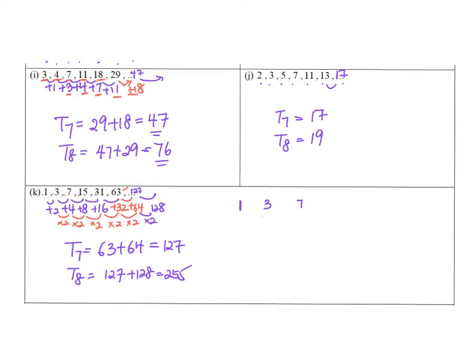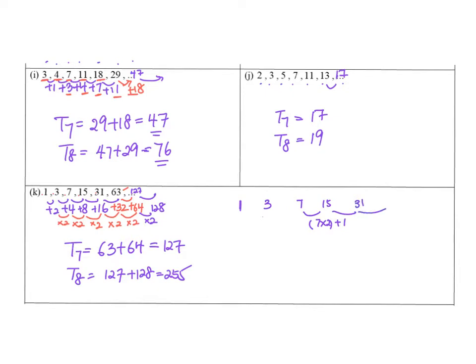Is this rule true? So from here, if I take 7, the next number will be 7 times 2, 14, plus 1, that gives me 15. And then the next number will be 15 times 2, which is 30. 30 plus 1 is 31.